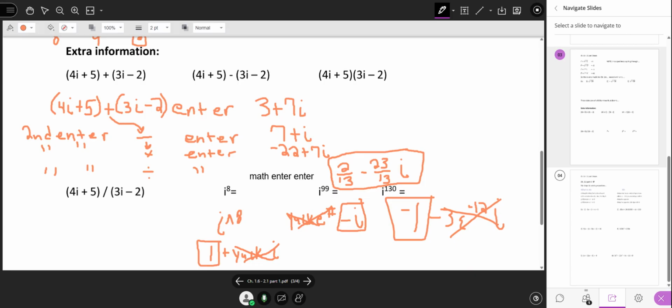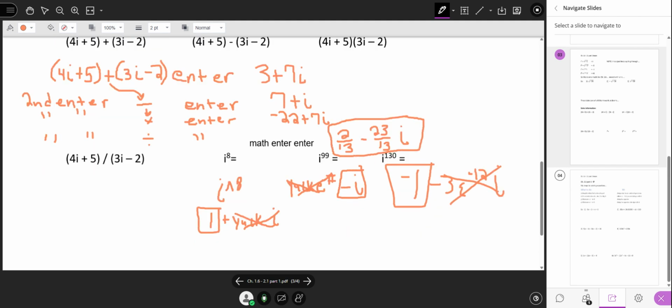Negative i is good stuff. Negative 1 is the good stuff. Anything that has an e to a negative number is bad stuff. All right. This is our last one for chapter 1. Yahoo! You made it through the first chapter.